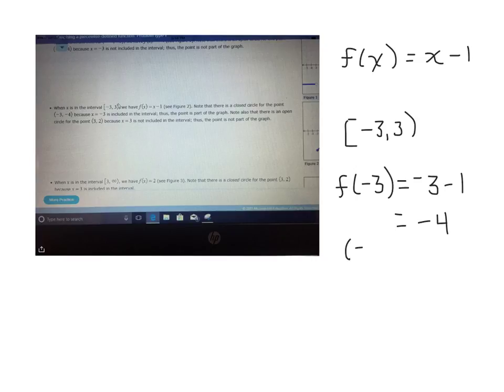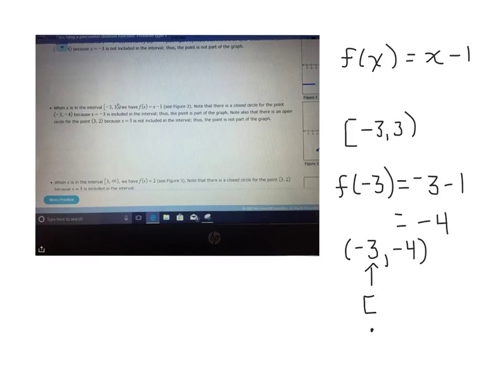So when we plugged in -3 for x, we got -4 for y. Now because there is a bracket with -3, that means that that point -3, -4 is actually a part of the function graph, and we represent that it's a part of the function graph by using a closed dot.